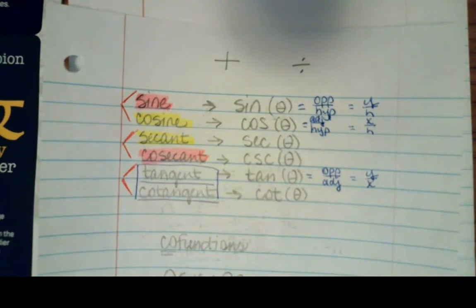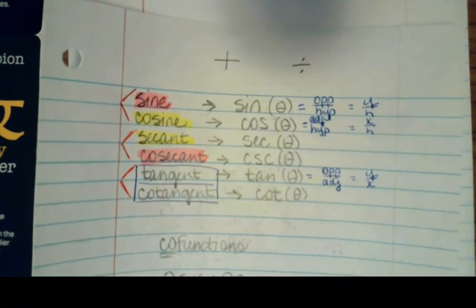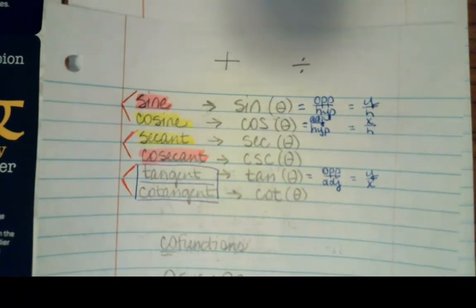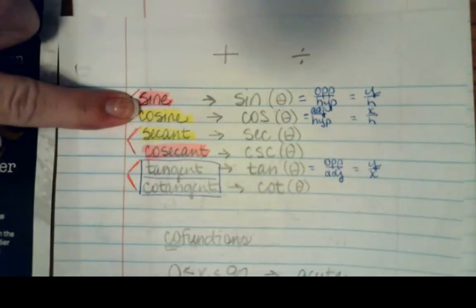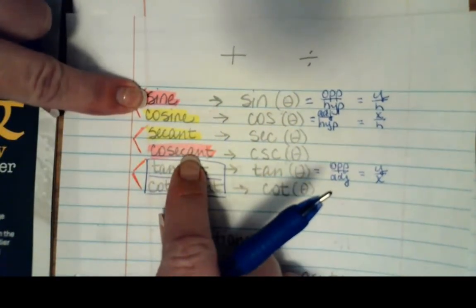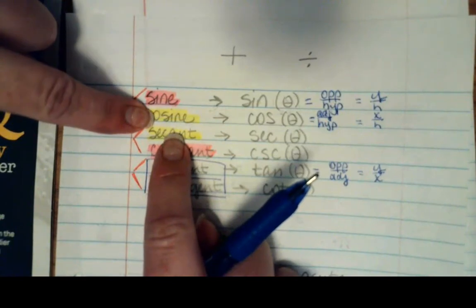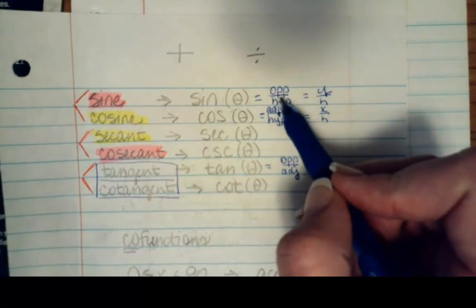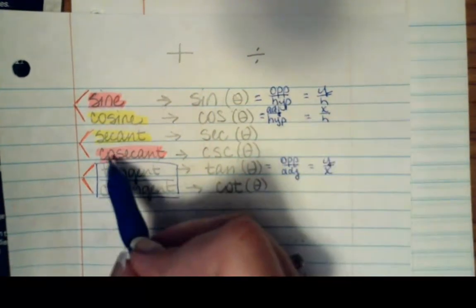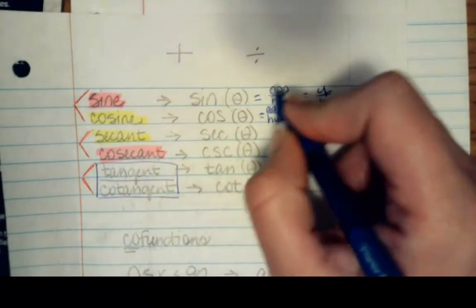So tangent and cotangent are not only cofunctions, which we're going to go into depth some more in a second, but they are also reciprocals of one another. Okay? So these are cofunctions. The pinks are reciprocals, the yellows are reciprocals, and then the blues are reciprocals. So if I know the reciprocals, well, I can go over here. If sine is opposite over hypotenuse, then cosecant is the flip of that.